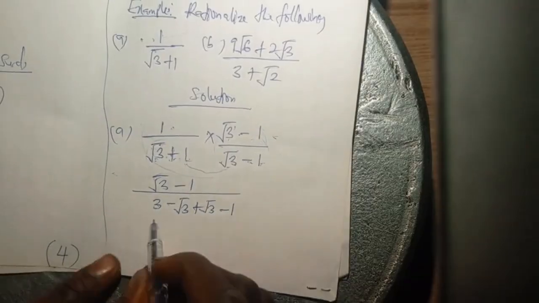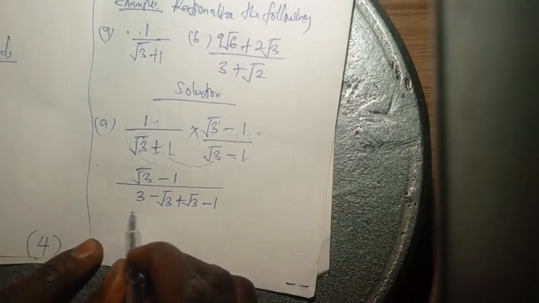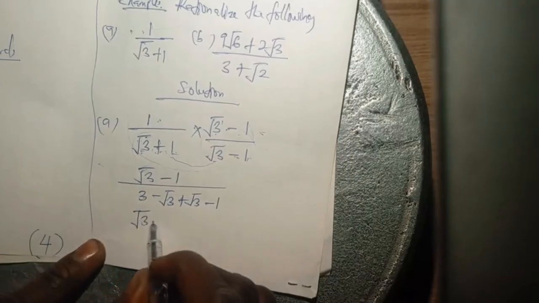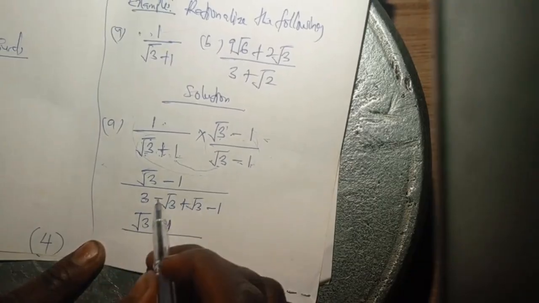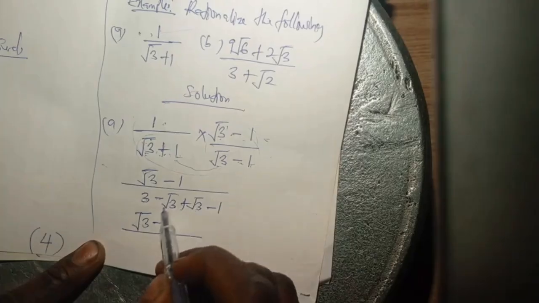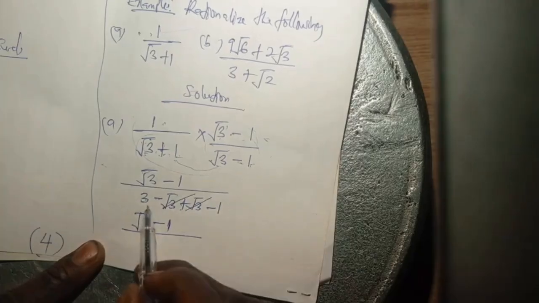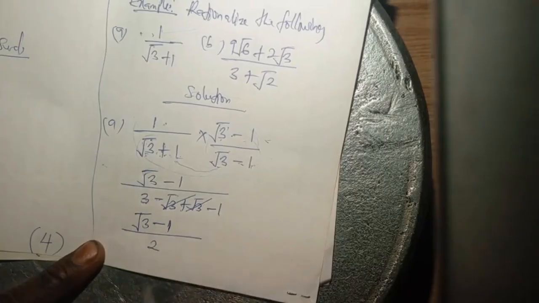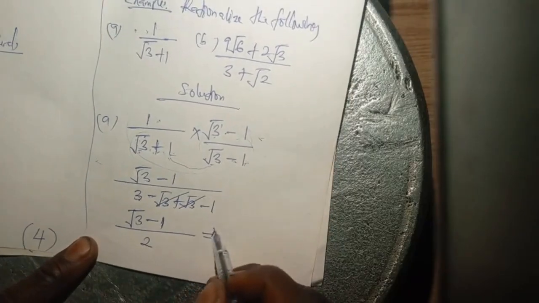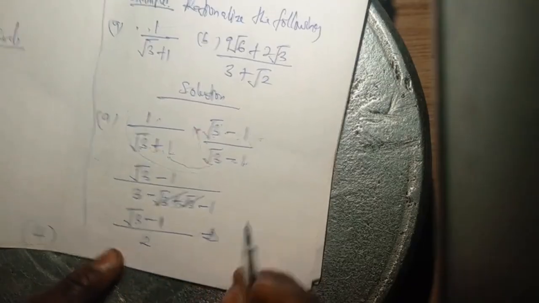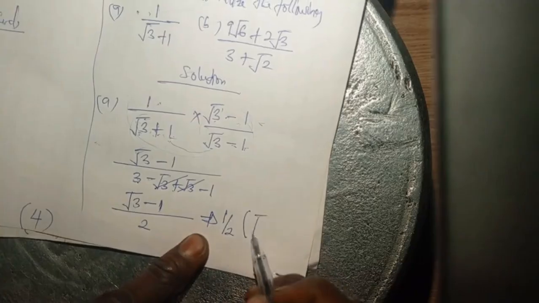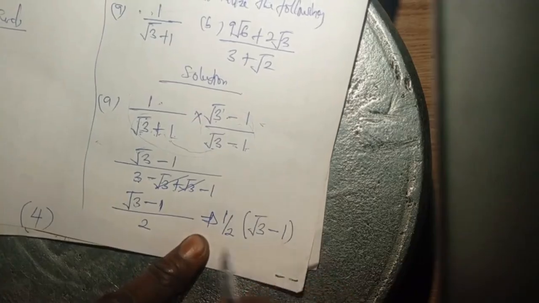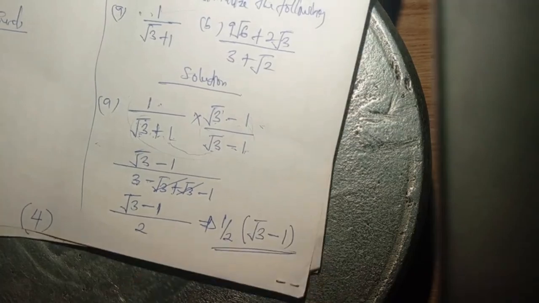Therefore, our numerator is root of 3 minus 1, all over minus root 3 plus root 3, which gives us 0, then 3 minus 1, 2. Therefore, root 3 minus 1 over 2 is the same as 1 over 2 into root 3 minus 1. And this is the final answer.